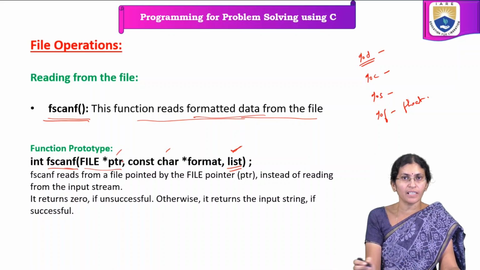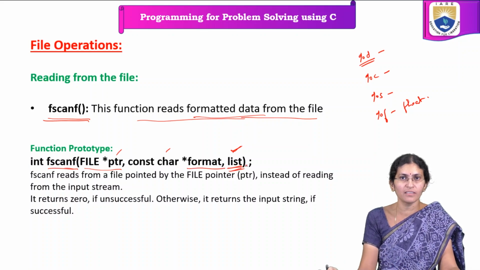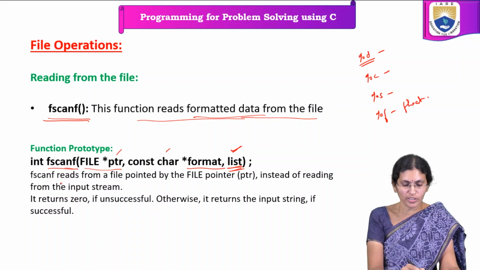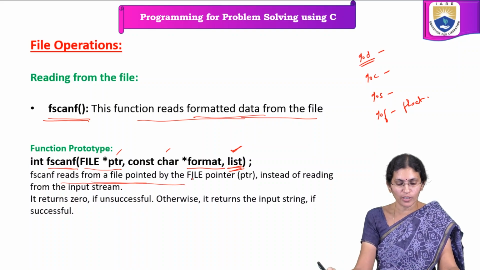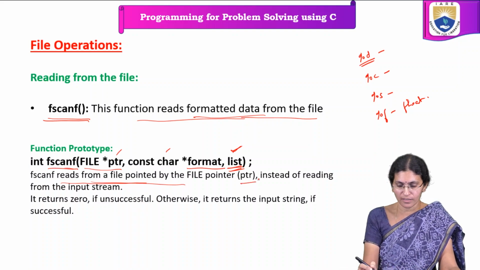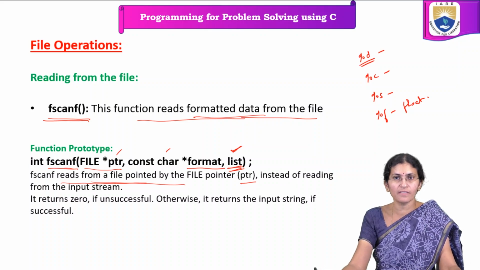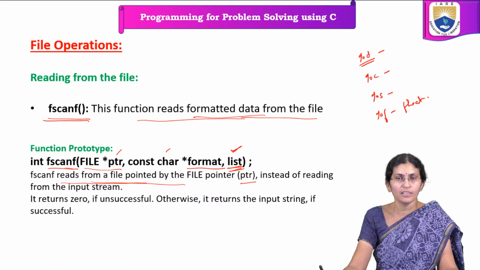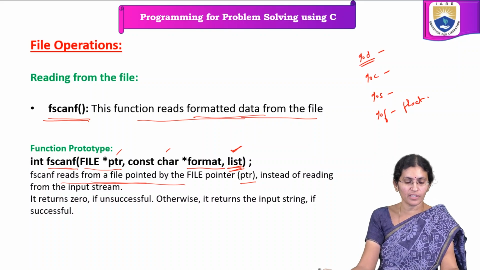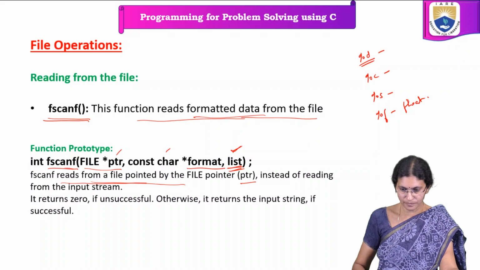Here ptr is a file pointer, then this is a character pointer, and this list is nothing but the values which you want to read from the file. This function fscanf will read from the file which is pointed by the file pointer ptr, instead of reading from the input stream. It returns 0 if it is unsuccessful, otherwise it will return the input which has been read.